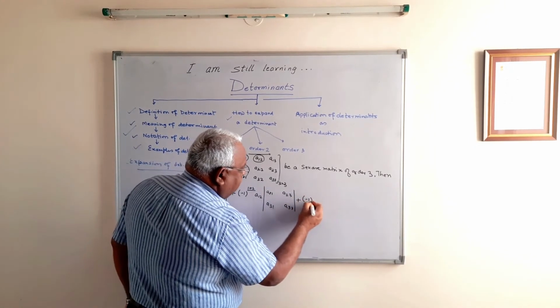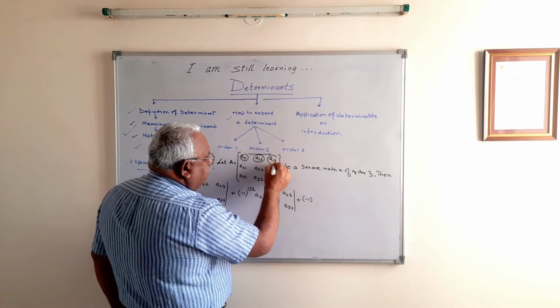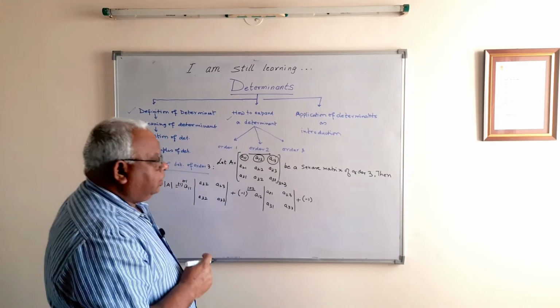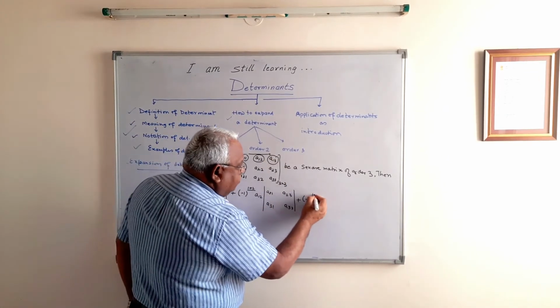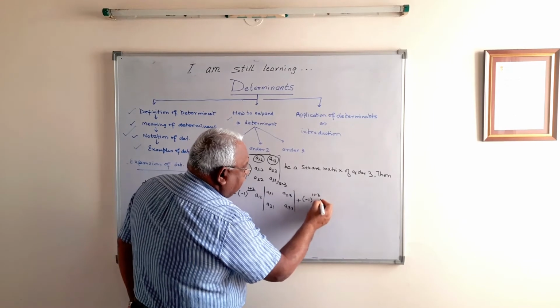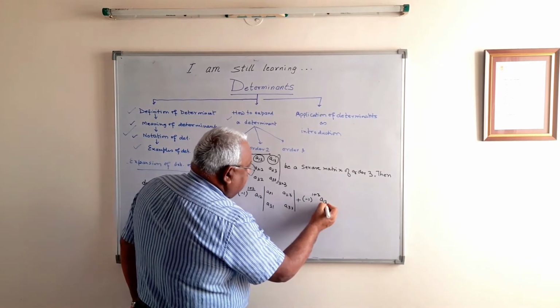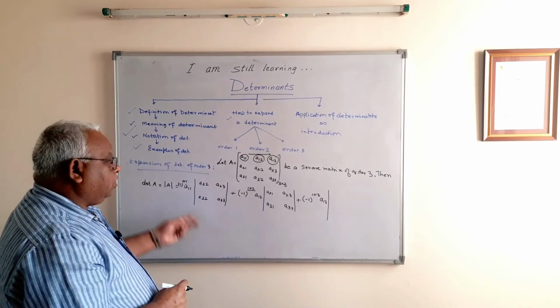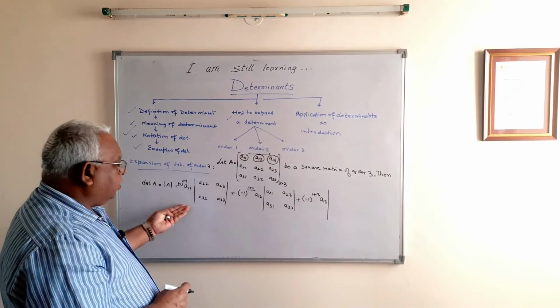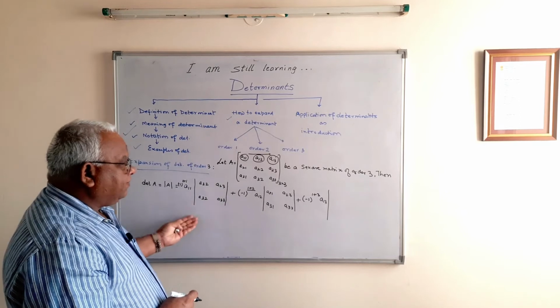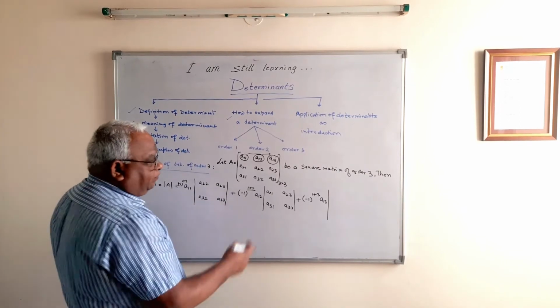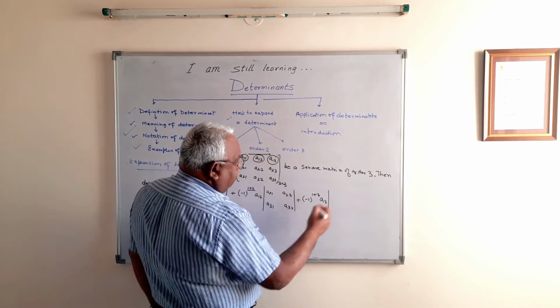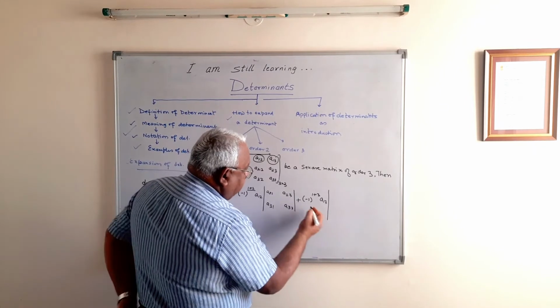So minus 1, and now you will take A13. You will write the sum of the index, and then you will write the element. You need not be in a hurry or confusion, because this whole part I will be explaining today itself in the later part of the video. So need not worry.